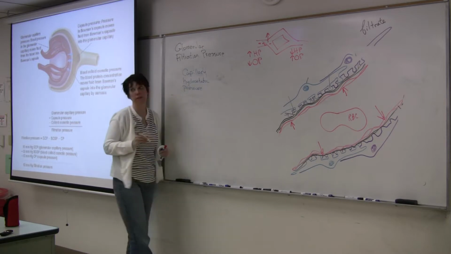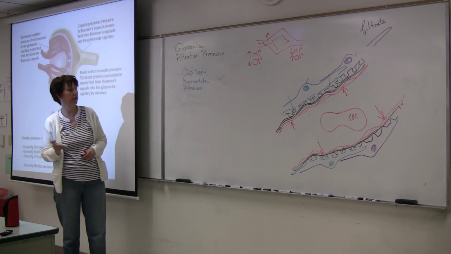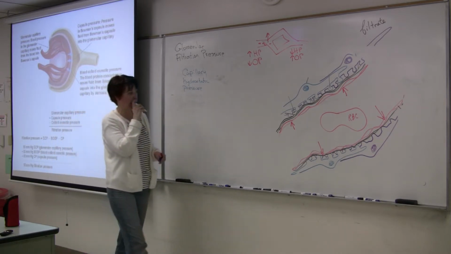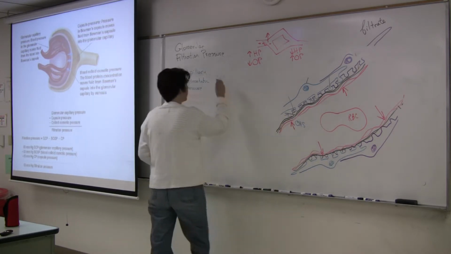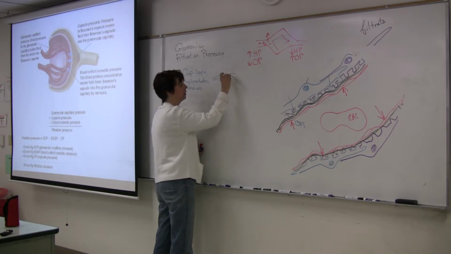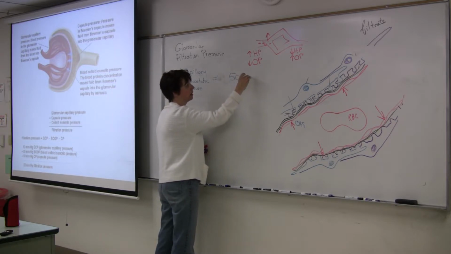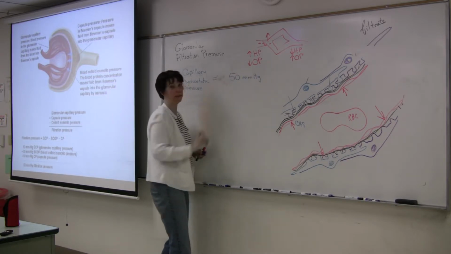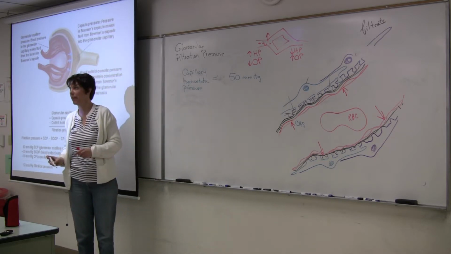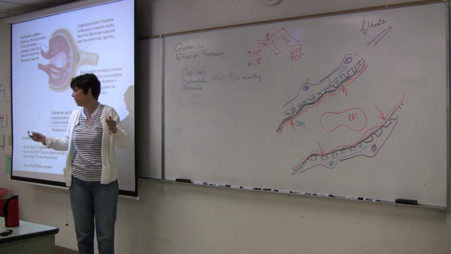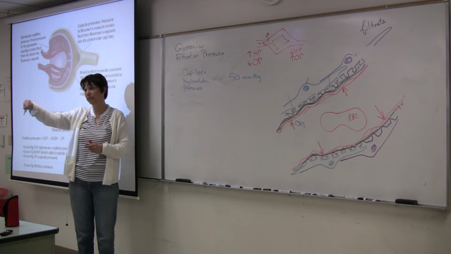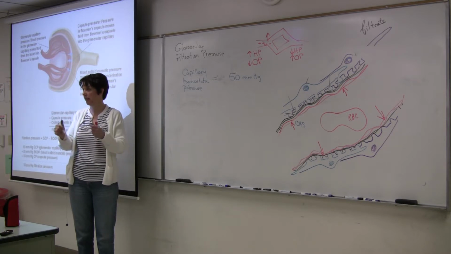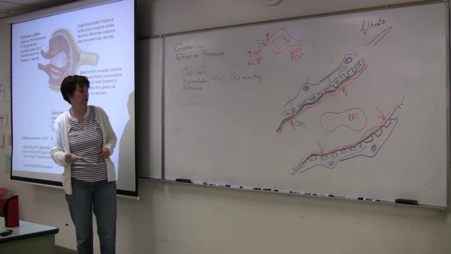Under normal situations, normal blood pressure, this capillary hydrostatic pressure is equal to 50 millimeters of mercury. A little high for most capillaries, but remember our efferent arteriole is normally smaller in diameter, and that's going to cause blood to back up into the glomerular capillaries and raise our capillary pressure.